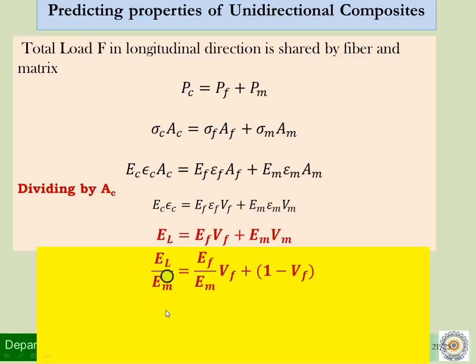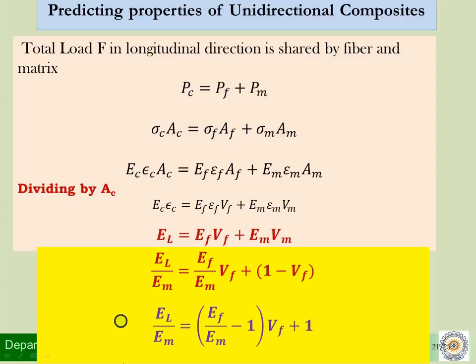So if I write EL by EM, this expression gets modified to EF by EM into VF plus 1 minus VF, which can be further rewritten as EL by EM equal to EF by EM minus 1 into VF plus 1. So please have a look at this expression.